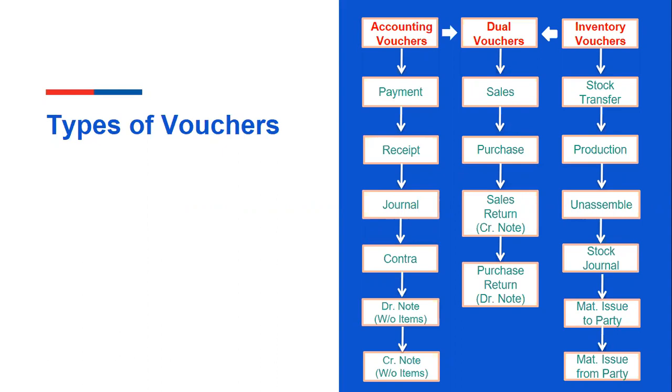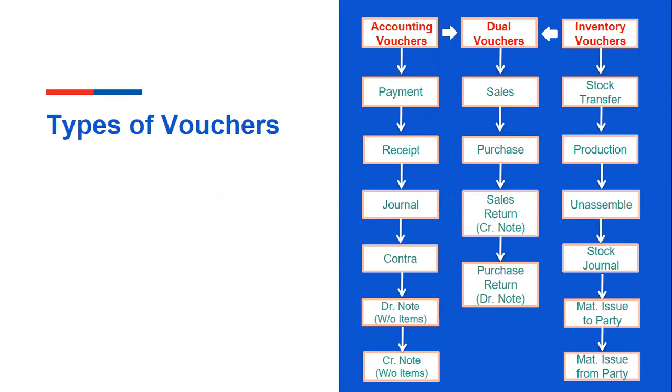The production transaction is also an inventory voucher, because if you are producing finished goods from raw material, then only inventory will be affected, because raw material will be consumed and finished goods will be generated. At that time, only inventory is affected, not accounting. Second, the unassemble voucher. If you are unassembling, raw material will be generated and finished goods will be consumed. So only inventory is affected.